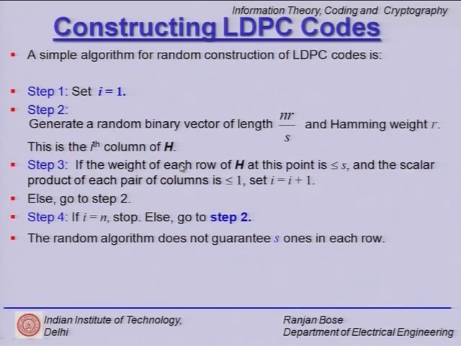So, we are constructing it, and we are ensuring that you are not exceeding the number of ones in the rows to more than S. And if you can reach i equal to n, that is you have found all the n vectors which satisfy the conditions of the maximum number of ones in the columns and the rows, then you have actually successfully constructed the LDPC code. Now, the random algorithm does not guarantee S ones in each row, but it gives you less than or equal to S ones.